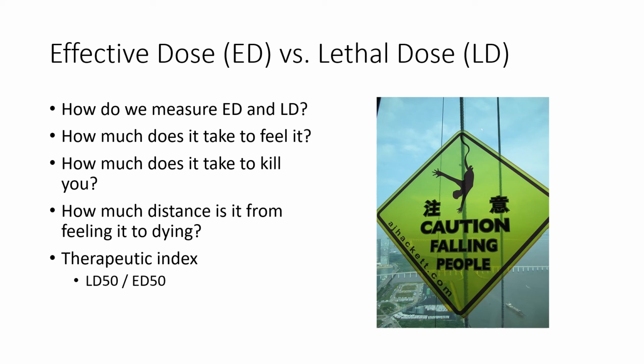So by knowing the distance between the effective dose and the lethal dose, we want to know how much that is, and that is often called the therapeutic index. The lethal dose divided by the effective dose: the higher that number is, the more safety.